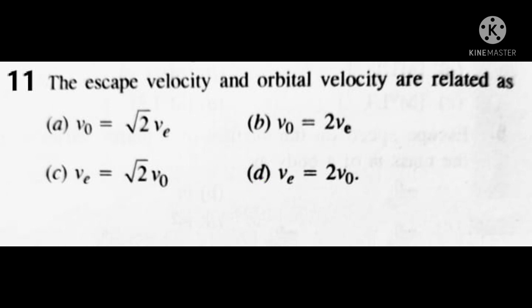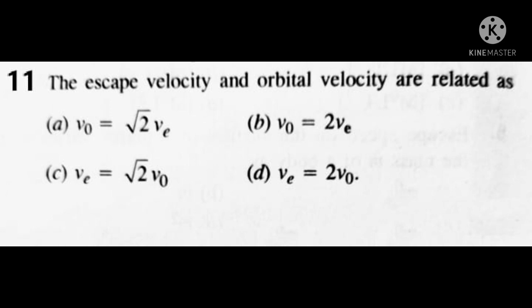Escape velocity is that minimum velocity given to a body due to which it cannot come back to the earth's surface. That is known as the escape velocity, and it is denoted by ve.